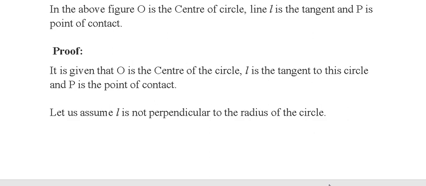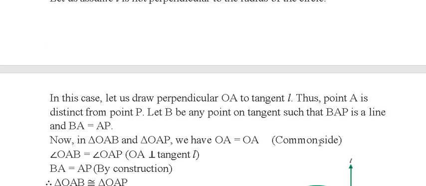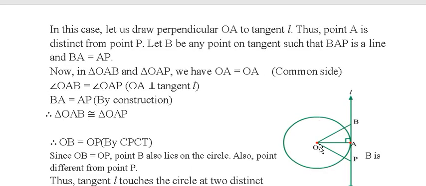It is given that O is the center of the circle, L is the tangent of this circle, and P is the point of contact. Let us assume L is not perpendicular to the radius of the circle. In this case, let us draw perpendicular OA to the tangent.